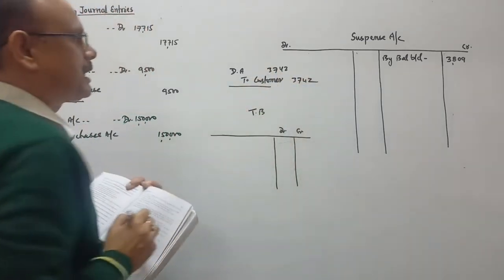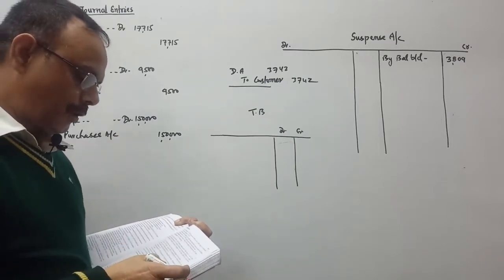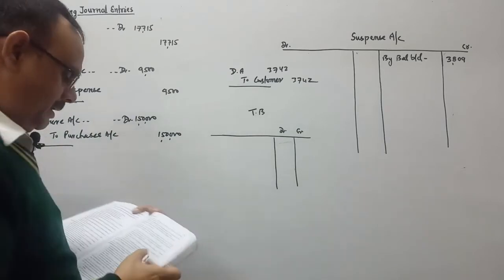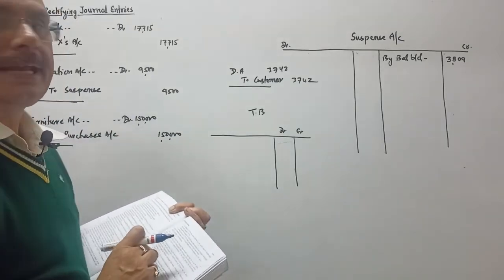The mistake is that it has been credited to him, means in the ledger of customer, as 3,648.